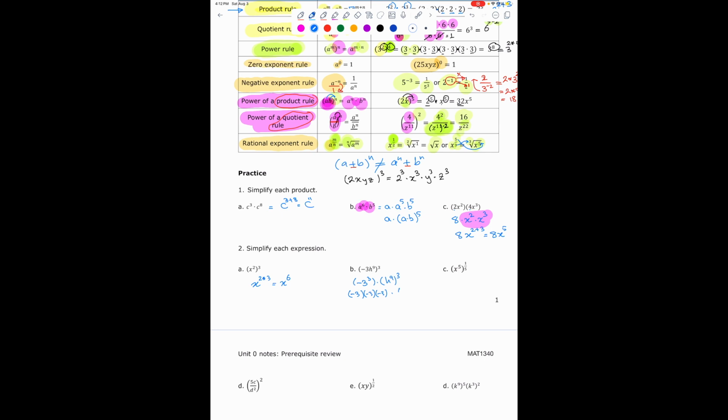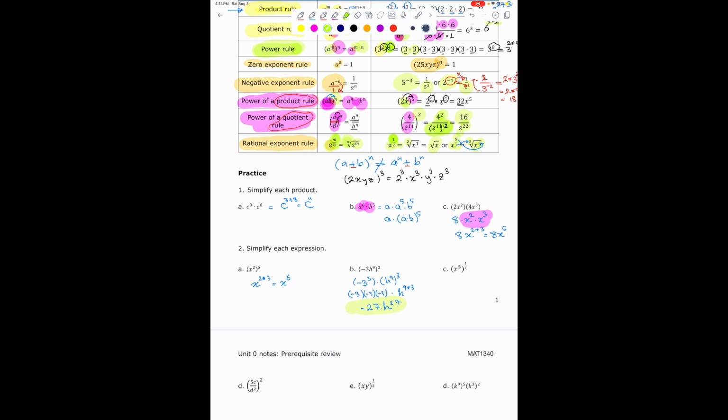So this is going to be h to the 9th times 3. So negative 3 times negative 3 times negative 3 is negative 27. And then times h, 9 times 3 is 27. So here is the final answer for this expression.